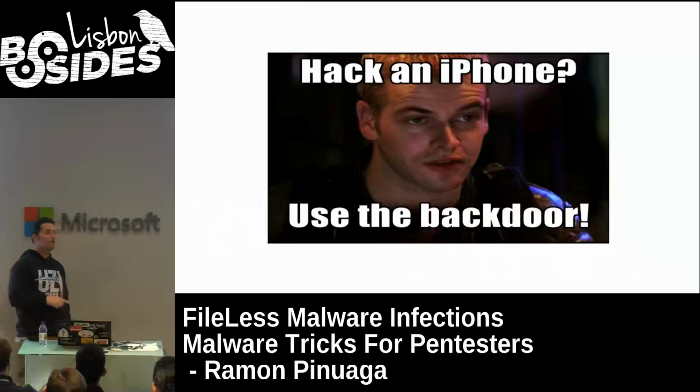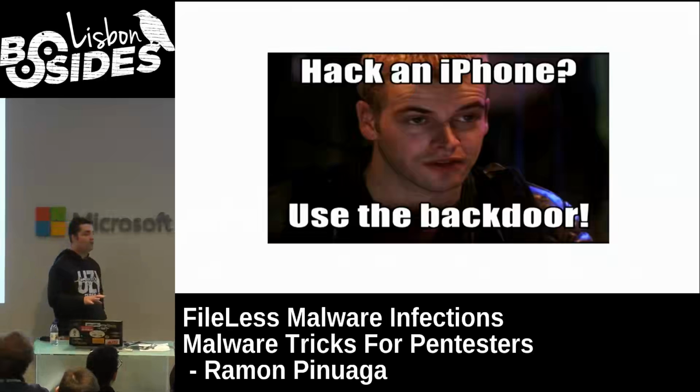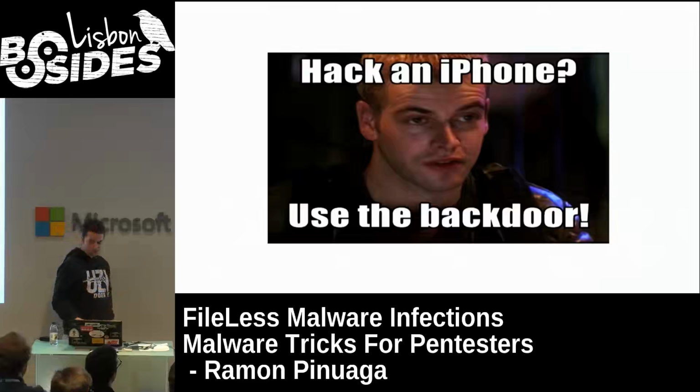For example, if we need to inspect SSL traffic, we can install a rogue certificate authority in the phone, so we can do a man in the middle of the SSL traffic and decrypt the traffic from the phone. So in a very restrictive environment that doesn't allow us to install a backdoor, via configuration modification we can achieve some kind of backdooring.